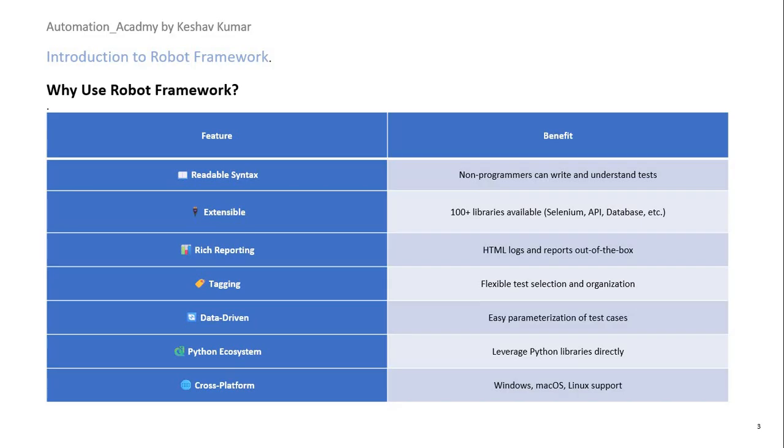And one of the best features in Robot Framework is rich reporting. What is rich reporting? If you use any other framework, you have to write and customize the code to generate the report. But Robot Framework gives you inbuilt reporting files, generated automatically. There are three kinds of files, which we will discuss later: log.html, report.html, and output.xml.